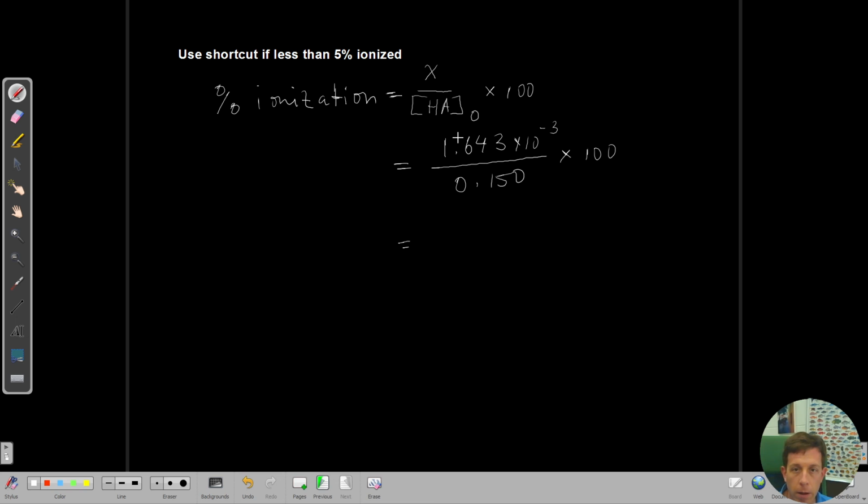And here, the x that we just calculated, the concentration of H3O+, 1.643 times 10 to the minus 3, divided by 0.150. Both of these have units of moles per liter, so they cancel out, times 100. So we end up with 1.095%, or roughly rounded to 1.1%.